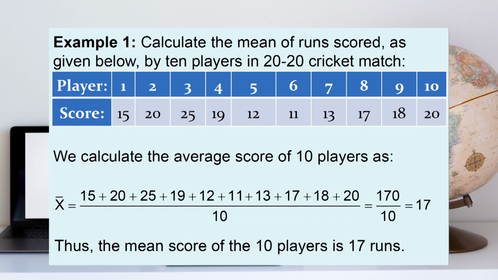We take the total of the scores of these 10 players and divide by the total number of players, that is 10. The total is 170, divided by 10, so 17 is the result. That means the mean score of the 10 players is 17 runs.